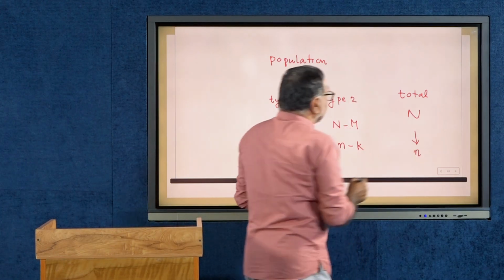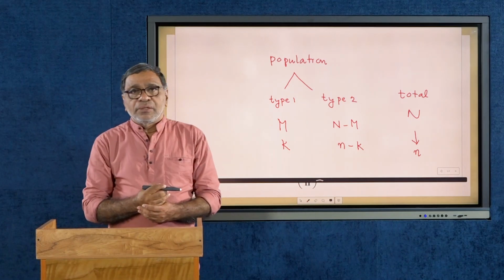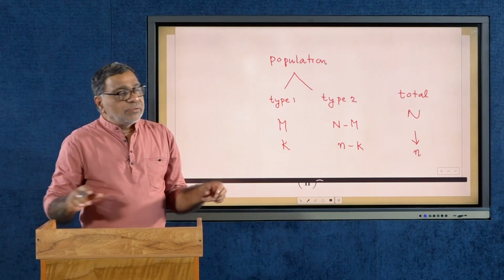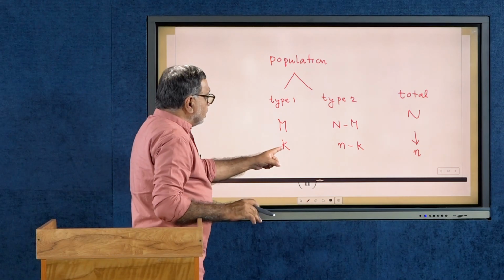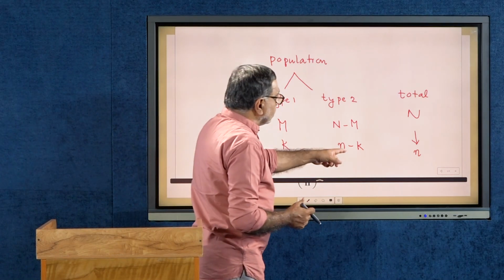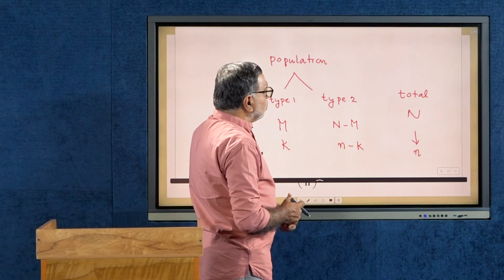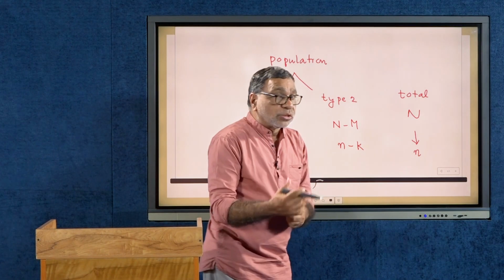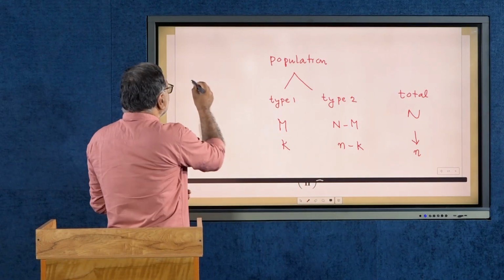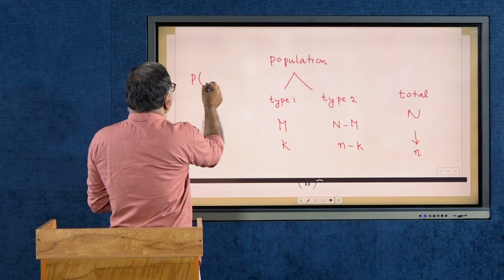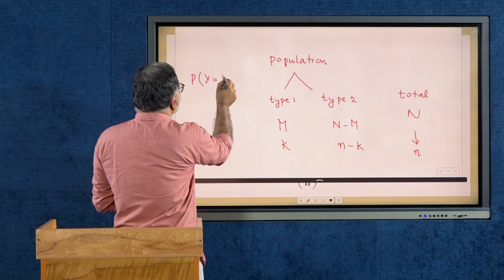Total is N items. So we have total N items, and getting k items of type 1 and getting n minus k items of type 2 when we are selecting n items without replacement. So the usual probability definition gives what is the probability of getting X equal to k.